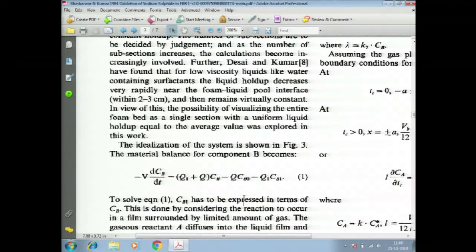This is one. But with respect to the concentration of sodium sulphide, this is a reactor. You want the reactant concentration to drop, you want conversion. So in general we expect the concentration of B to change with time, and that is the reason we retained this d by dt of Cb.